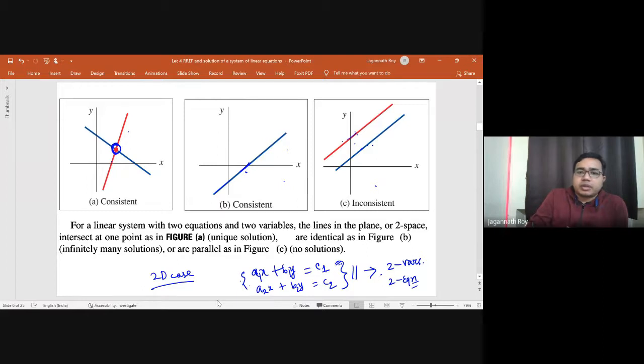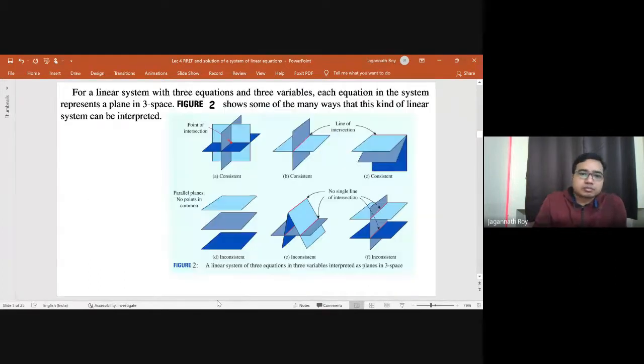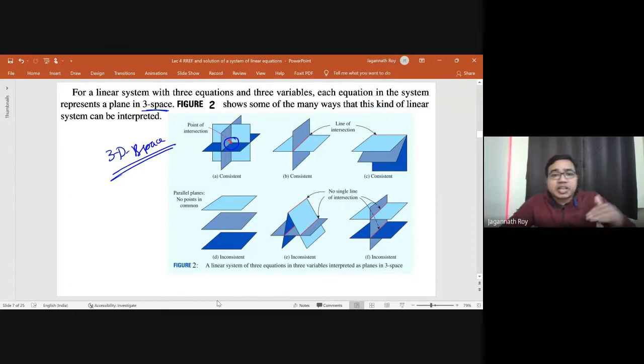Now if you generalize this concept to three dimensions, then what will happen? In three-dimensional space, for a unique solution, the straight lines are now planes.